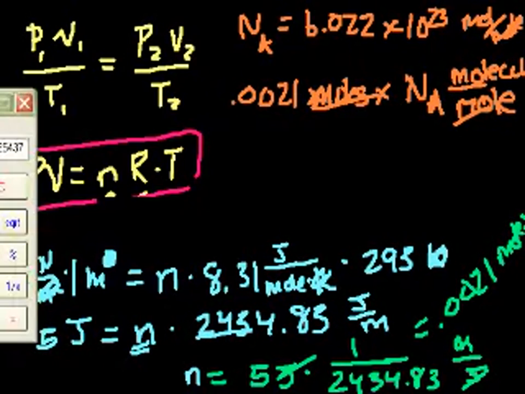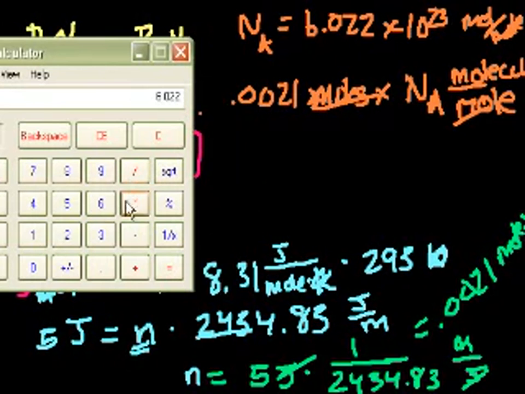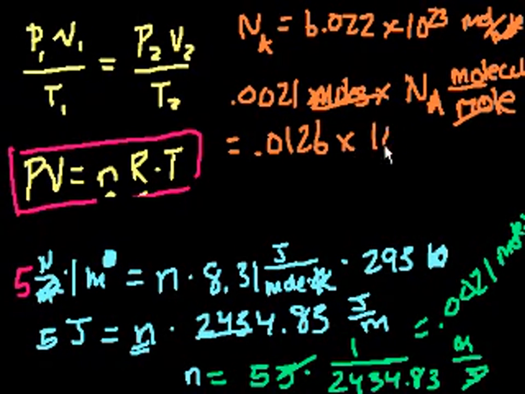And Avogadro's number is 6.022 times 10 to the 23. Let's just multiply that times 0.0021. So this equals, let's see, 0.0126 times 10 to the 23, right? We have to remember that. Molecules.